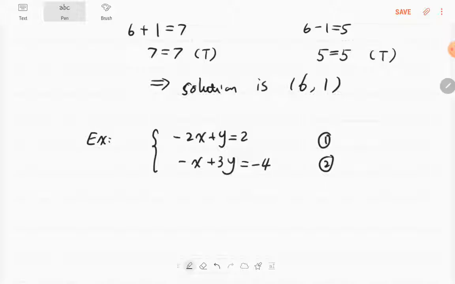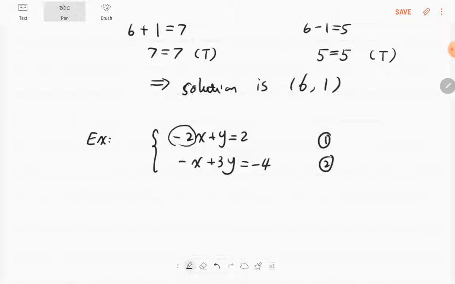So none of the variables has been eliminated. So we need to do something to help us remove one variable. We can observe if we could make the coefficients of one variable opposites. For example, if we want to eliminate x, the first coefficient of x is negative 2, right?